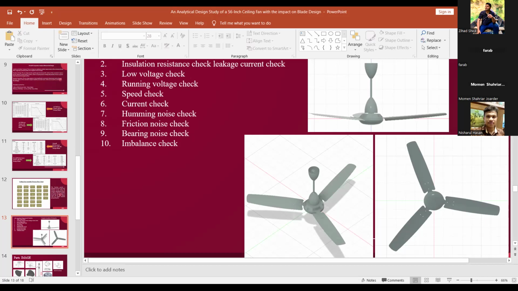Initially, it was symmetric on both sides, which means both side angles were similar. But after that, we made one angle 9 degrees and the other angle 5 degrees. It's an aerodynamic shape: the thicker part is 5 degrees from the middle and the other part is 9 degrees from the middle. That's the innovation. I'm going to demonstrate how we designed it in Fusion 360.